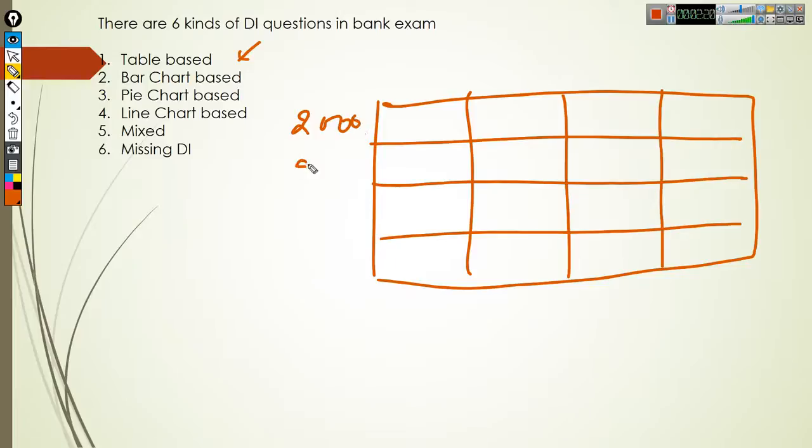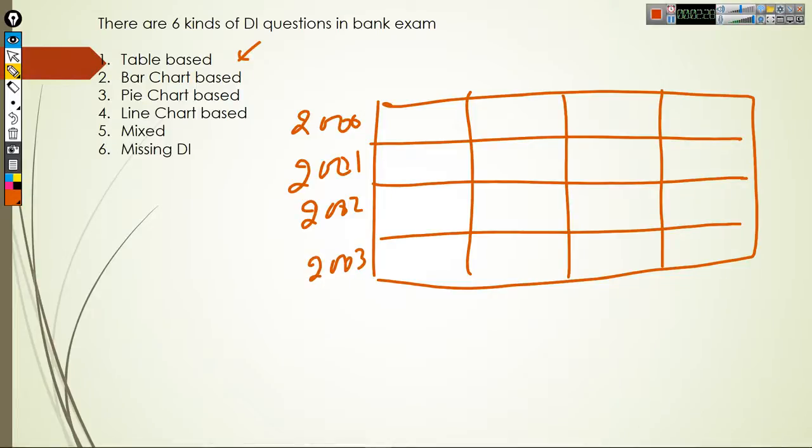Actually, anything can be in your exam, I'm just taking an example. On the top there may be something like population, literacy rate and unemployment rate. So there may be certain data, and you have to analyze the data. You have to find certain values based on your questions.